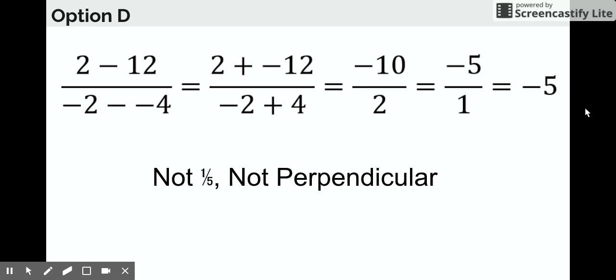We have to make the negative 2 minus negative 4 into negative 2 plus 4, because a number subtracted from a negative would make it positive. So our final equation would be 2 minus 12 over negative 2 plus 4, which would be negative 10 over 2, which simplifies to negative 5. The slope of negative 5 is not 1/5, so it's not perpendicular.